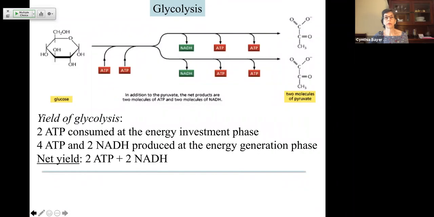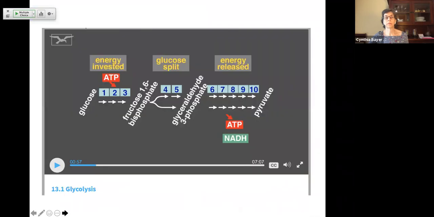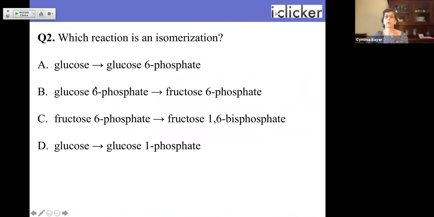Whoops, I'm going the wrong direction, sorry. There we go. All right, so for example, you should be able to tell me which of these steps of glycolysis is an isomerization.